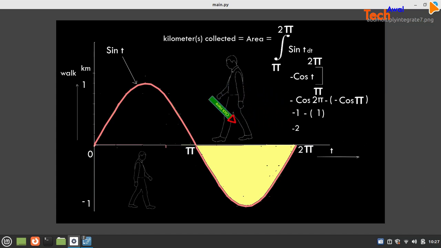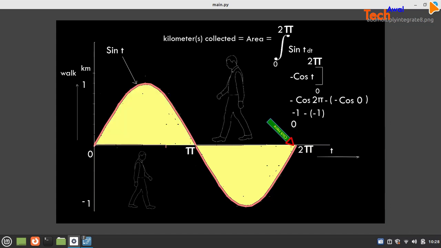So here it is 2 and here it is minus 2. So at the end of 2 pi, the total distance he has covered is 0, means he came back to that location again. So this is integration. If you see the total distance he covered from 0 to 2 pi, with sin t as the wave, if we do the integration, it comes to 0.